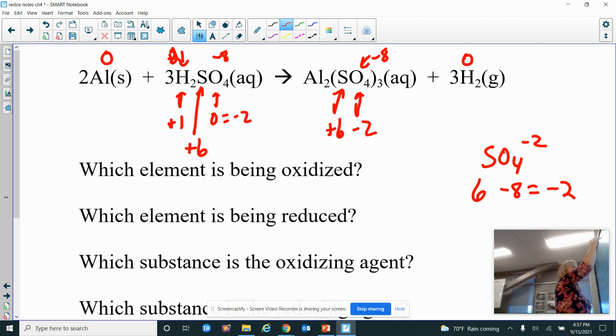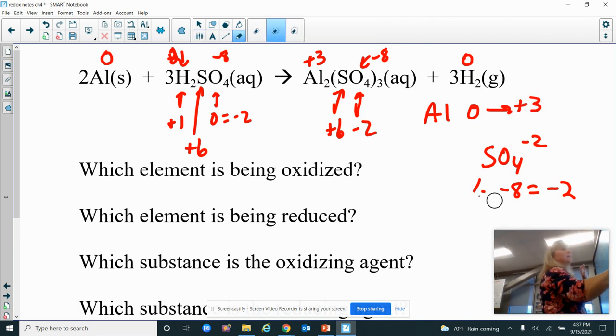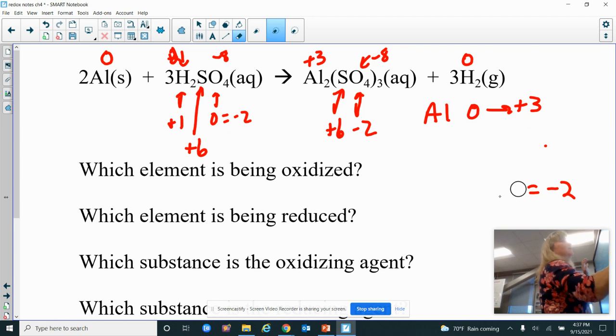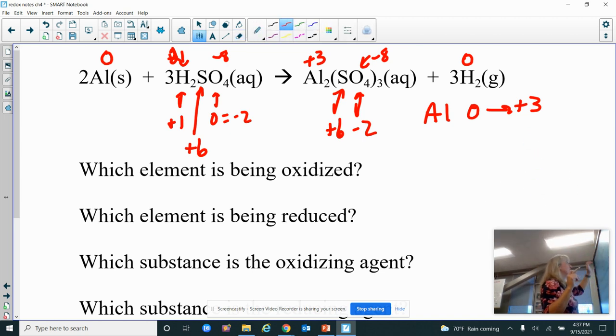Aluminum is always +3, so that is one that doesn't change. Aluminum in compounds is always +3. So what happened? Our aluminum on the reactant side was 0, and on the product side, it's +3. Okay, and let me erase this. What else changed? The oxygen didn't change, the sulfur didn't change, but the hydrogen changed.